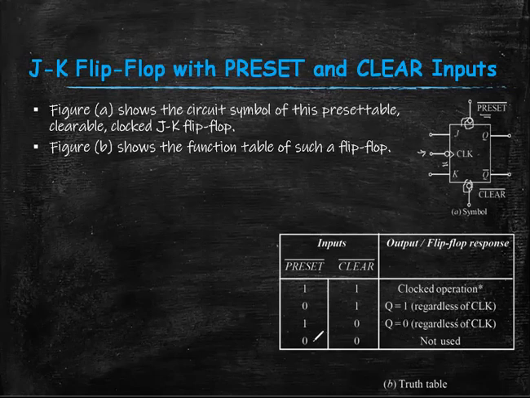When preset and clear both are 0, in that time simultaneously the flip-flop tries to set and clear. It is impossible. So that is not used.